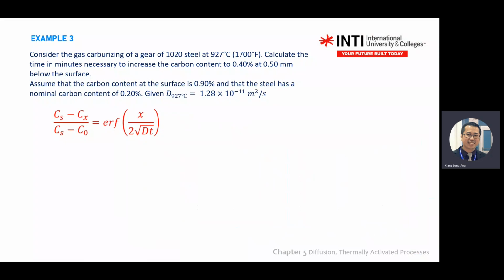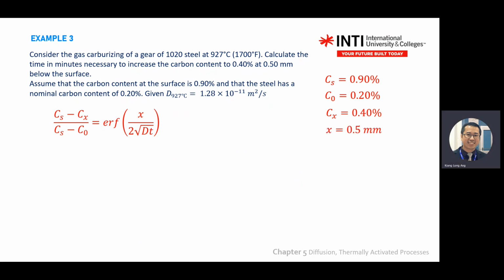So we call the equation. Cs at the surface is 0.9. In the statement there, your surface Cs is 0.9. C0 initial is 0.2, the nominal carbon given. Cx is the one that we want to find, 0.4. It increased to the target concentration, 0.4.